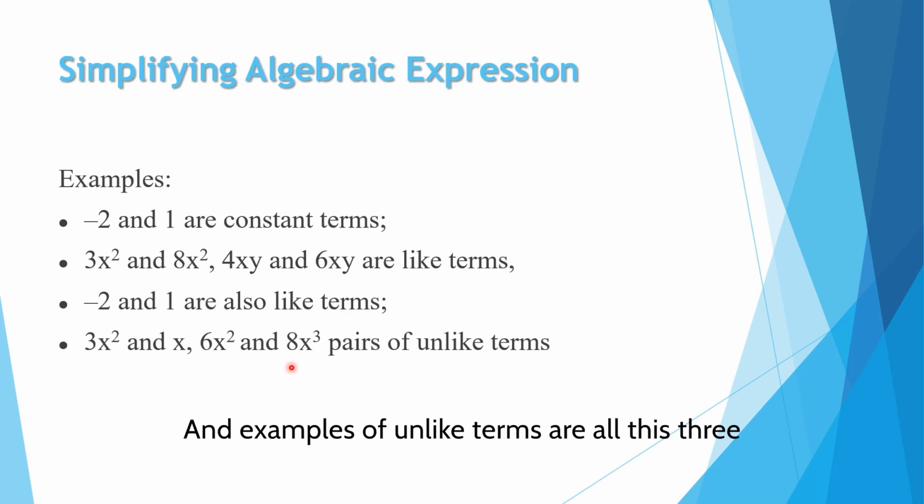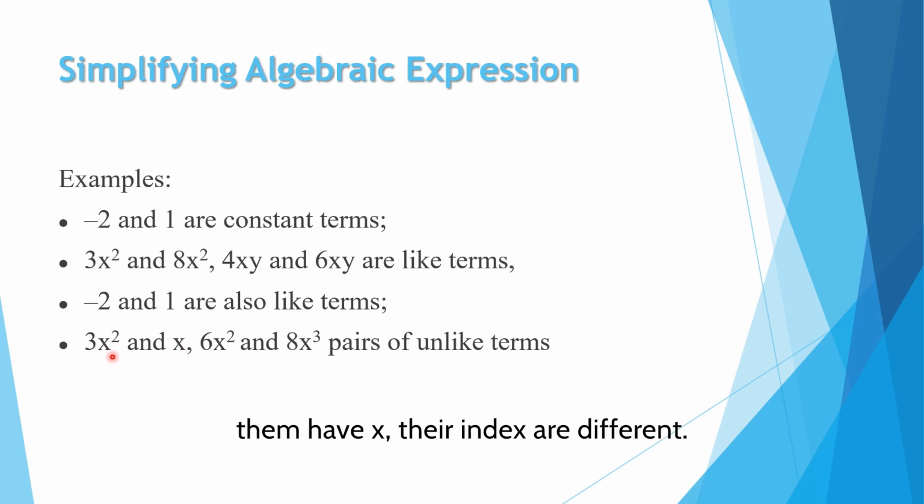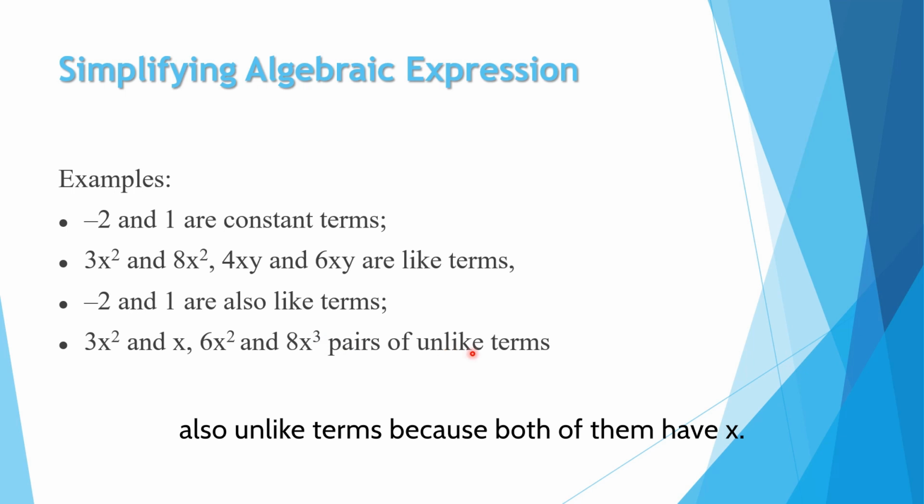Examples of unlike terms are these: 3x squared and x, because even though both of them have x, their indexes are different. And 6x squared and 8x cubed are also unlike terms, because both of them have x, but the indexes are different.